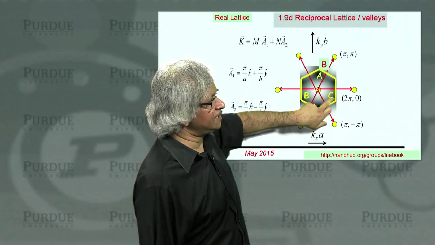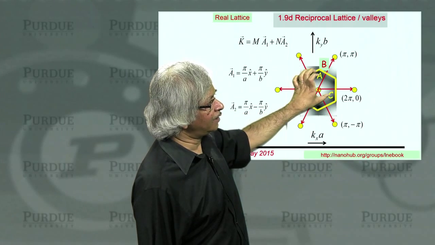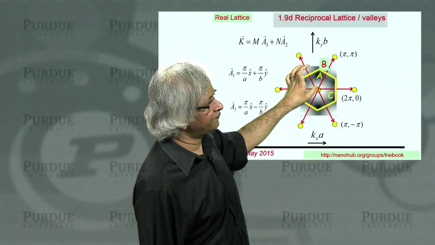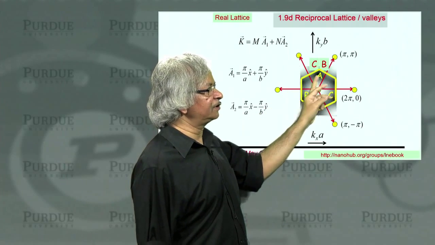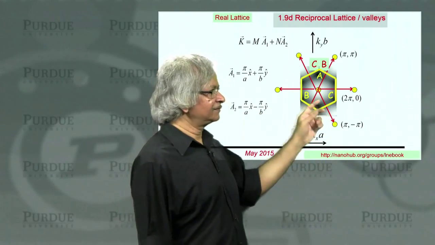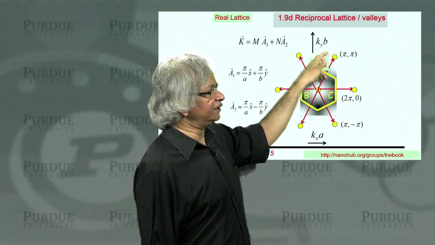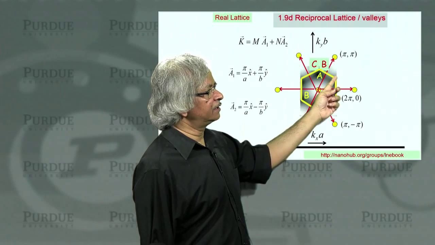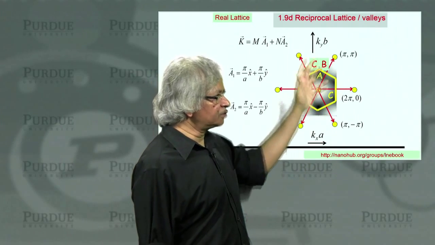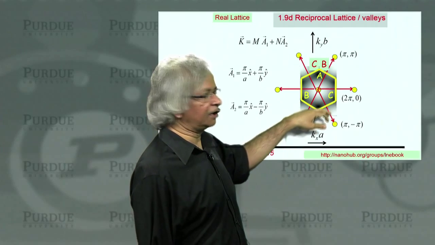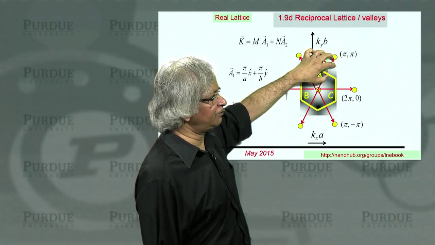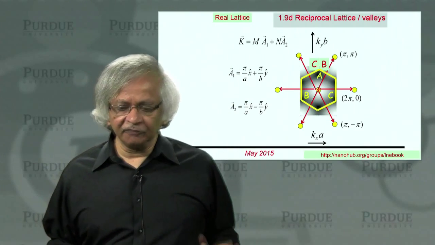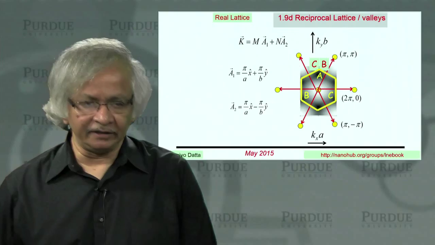Similarly, I could take the C, this valley from here, and move it up there, again by translating with this vector. So then instead of having three 1/3 valleys, you'd have one full valley around here. Similarly, these three, the ones here, here, and here, could also be combined into one full valley around here. So you could say, okay, I've got one full valley there and one full valley here. But bottom line, at the end of the day, graphene has 2 valleys.